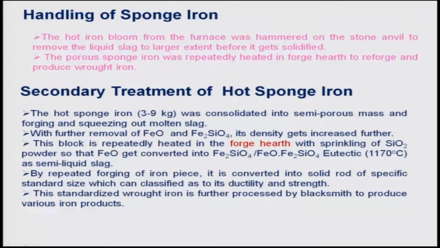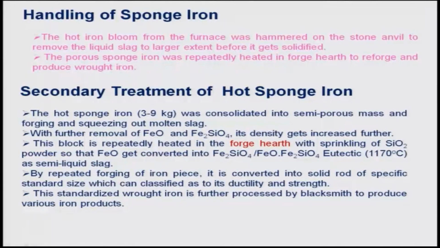With further removal of FeO and phyllite, the density gets increased further, and this block is repeatedly heated in the forge hearth, as I mentioned just now, with sprinkling of silica powder, so that ferrous oxide gets converted into this eutectic as a semi liquid slag at 1170 degrees Celsius. By repeating the forging of the iron piece, it is converted into a solid rod of specific standard size, which can be classified as to ductility and strength.